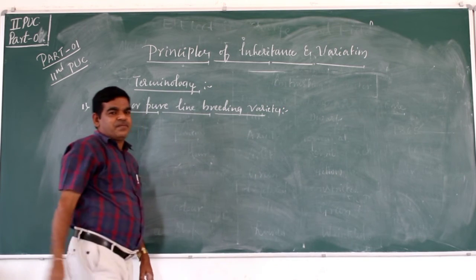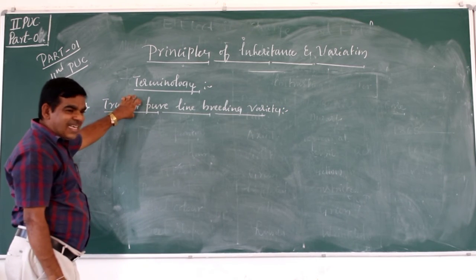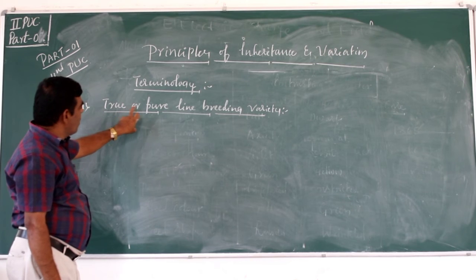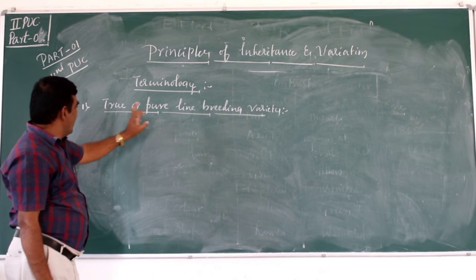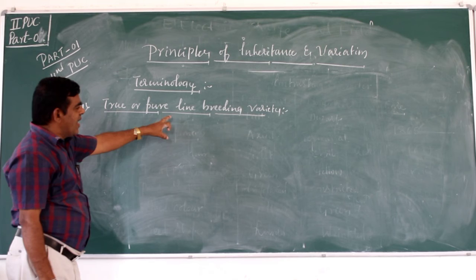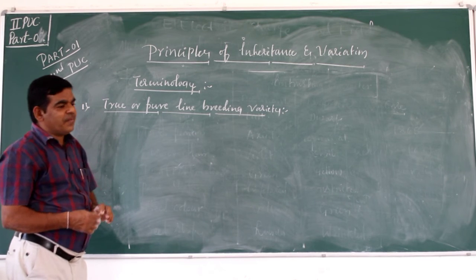The first term used in genetics is true or pure line breeding variety.